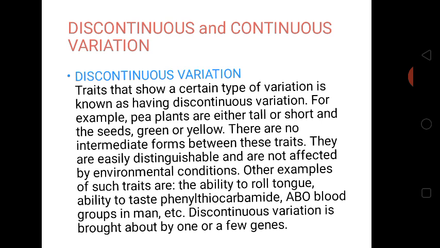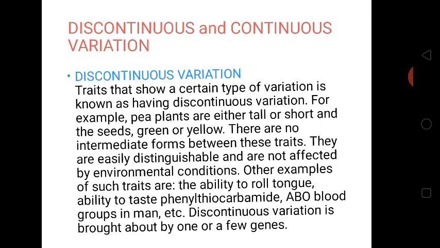Now let's look at discontinuous and continuous variation. Traits that show a certain type of variation are known as having discontinuous variation. For example, pea plants are either tall or short, and the seeds green or yellow. There are no intermediate forms between these traits.